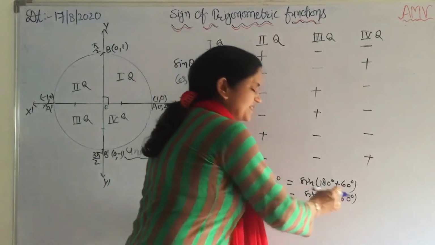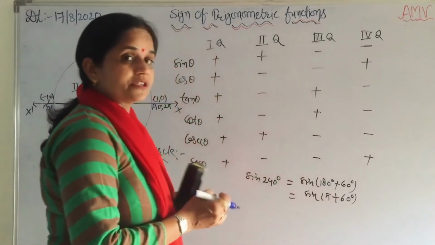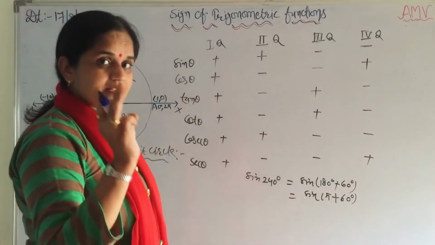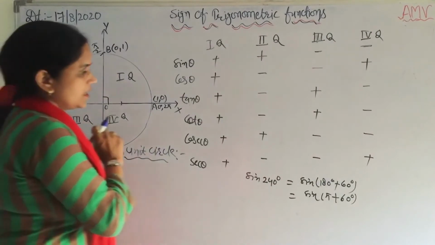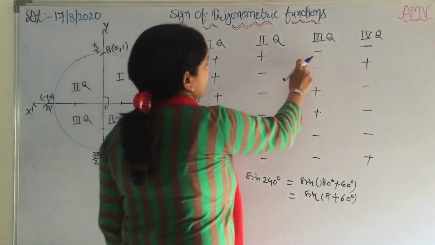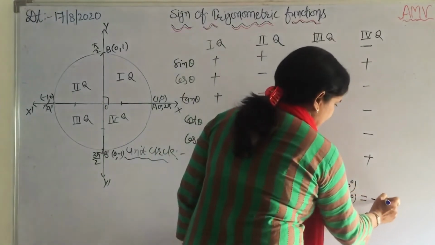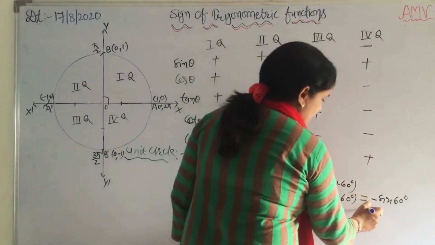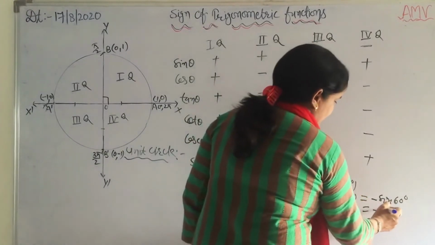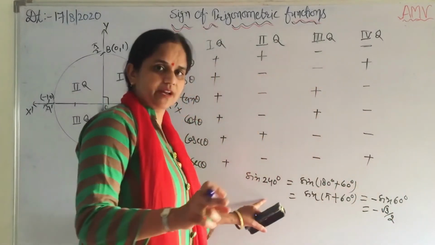Here 60 degrees is theta, any angle, so pi plus theta. Which quadrant? It is the third quadrant. In the third quadrant sine is negative, so it is minus sine 60 degrees. Now write the value of sine 60, which is root 3 by 2. So you can find the value.